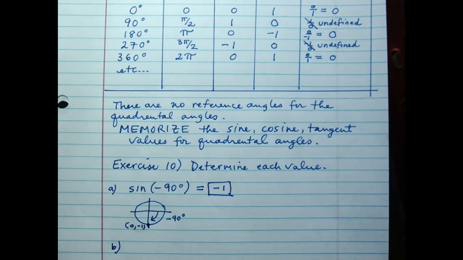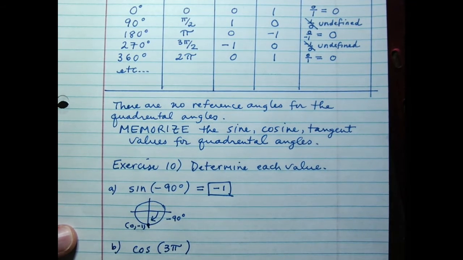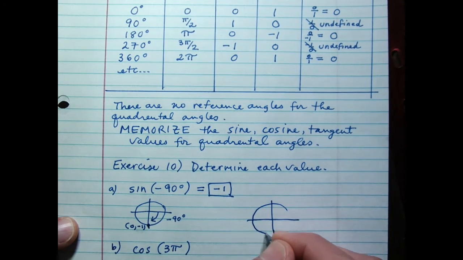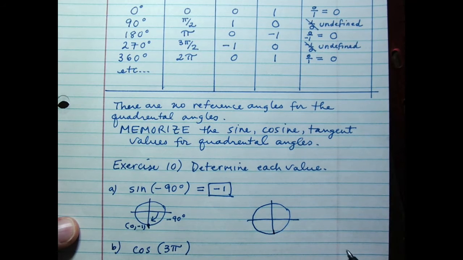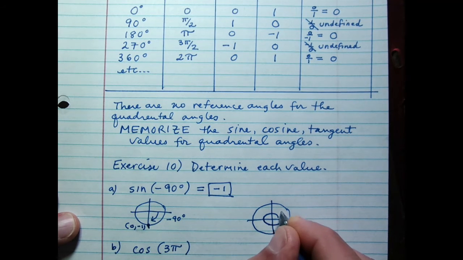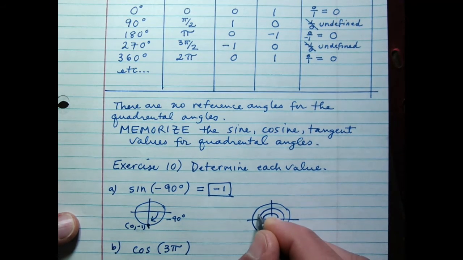Part B, what's the cosine of 3 pi? Let's draw another picture. In standard position we have pi, 2 pi, 3 pi. 3 pi goes 1.5 times around the unit circle.